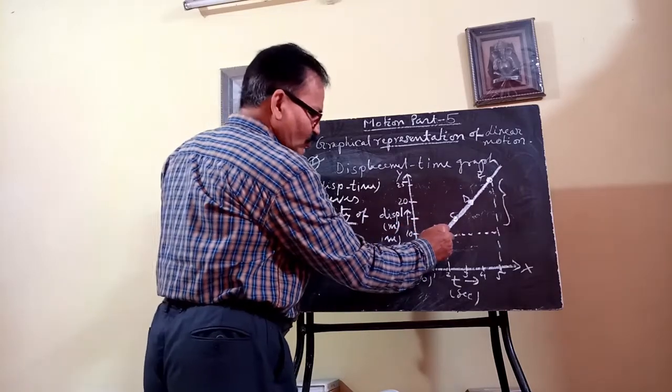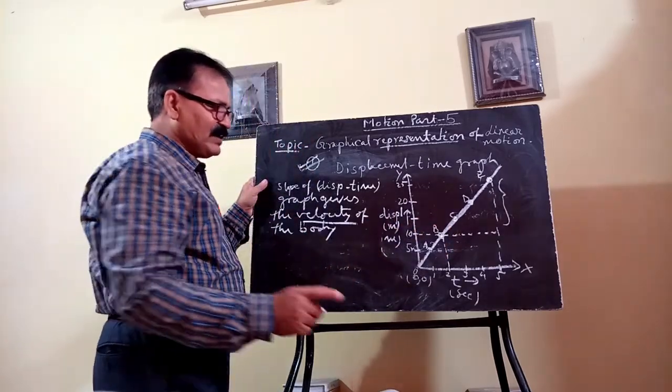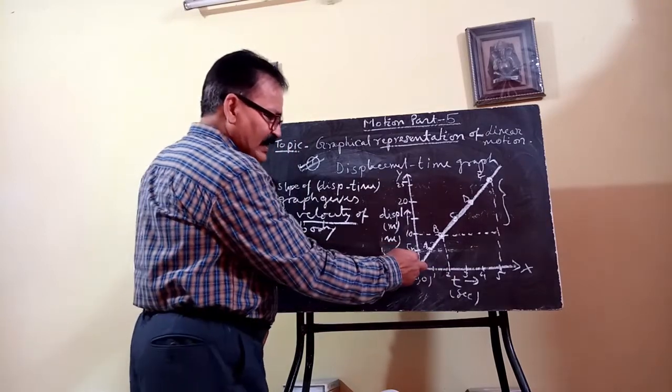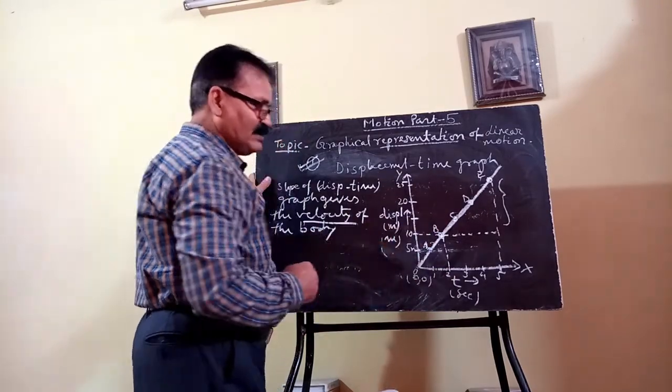So you see the coordinate of B will represent, along the abscissa it is 2 second and along the ordinate it is 10 meter.